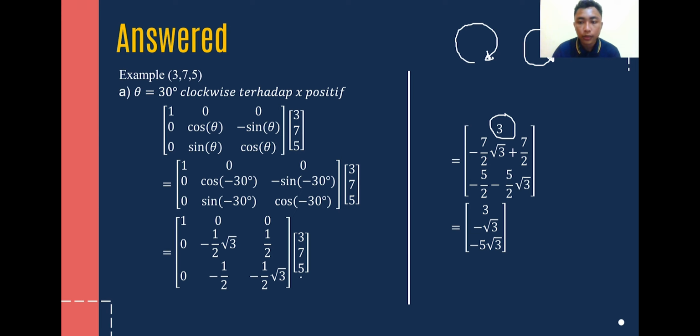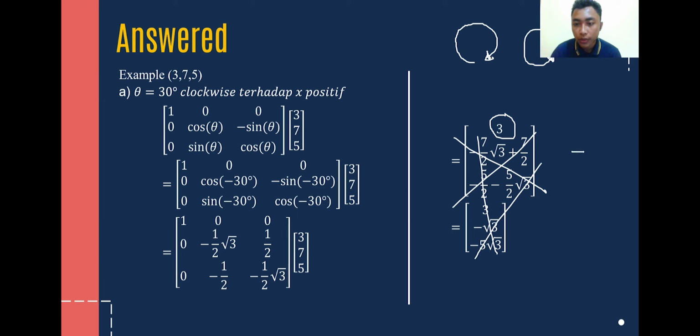Oh sorry, this is wrong, my answer is wrong again. This 5 per 2, this is wrong, sorry.